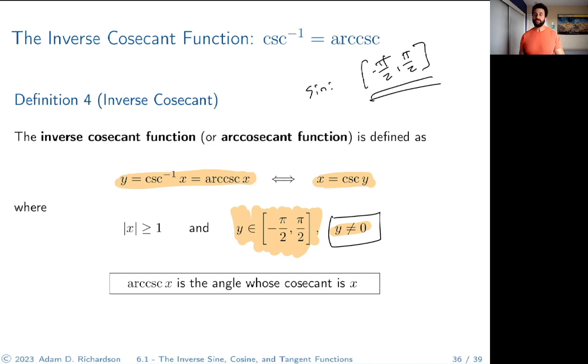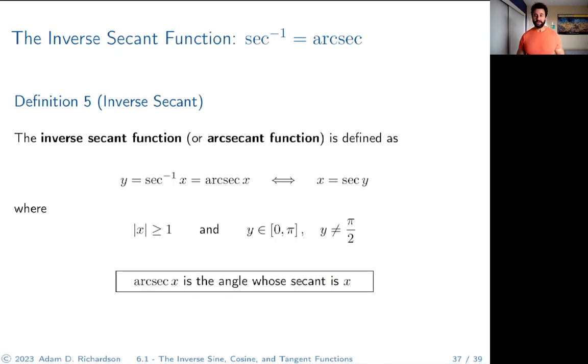And how do you answer these questions intuitively? The same way we've been doing. You say, arc cosecant is the angle whose cosecant is x, and you just work it backward. Similarly, for the secant function, everything is the same idea again. y equals arc secant of x if and only if x equals secant of y.